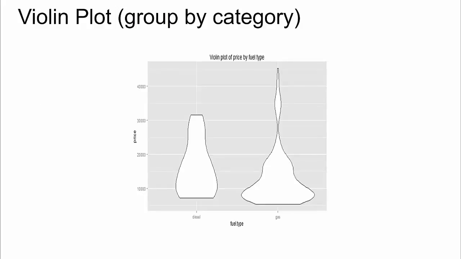A cousin of both histograms and box plots is this violin plot. And this is actually a density plot, and it's done symmetrically. And so now we can see that even though there's a lot of overlap between diesel and gas cars, gas cars have this big hump way down here, and then a long tail of some very expensive gasoline cars, whereas diesel cars tend to be more compactly grouped here.